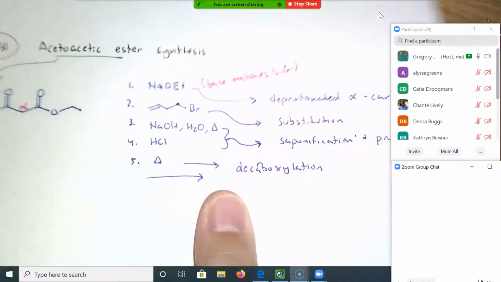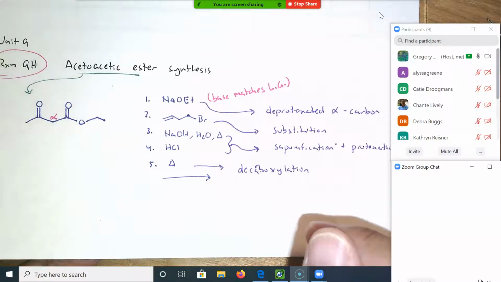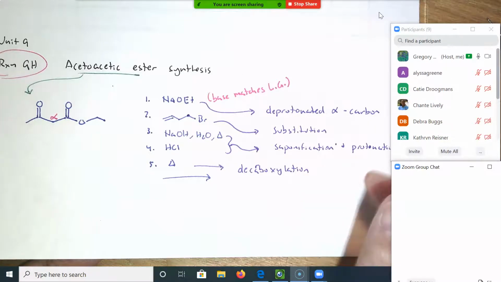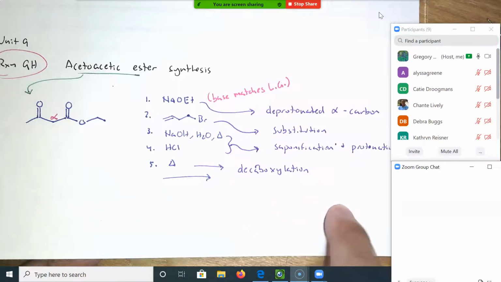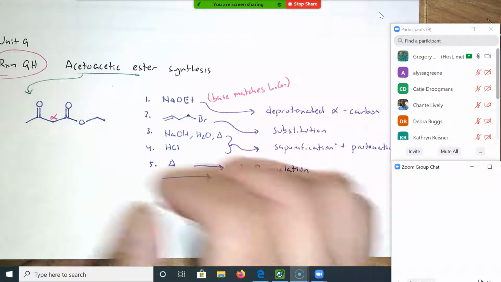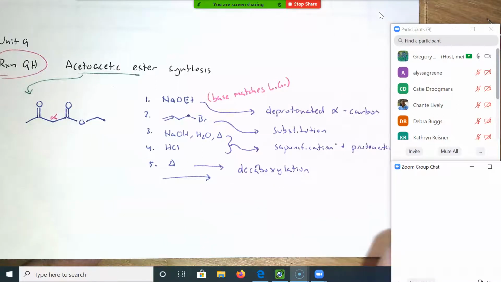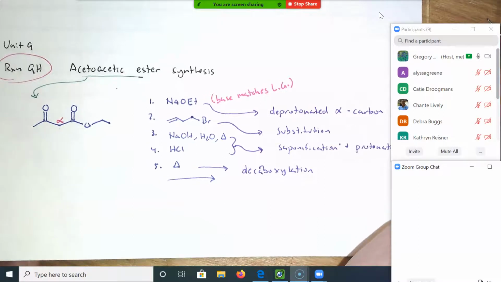We're going to draw the product of each of these reactions, and then ask ourselves, why would people ever do this? What is our final product after these 5 reaction steps? And how can we get the product faster without having to draw all the intermediates? Because ultimately, that's going to happen on the exam.